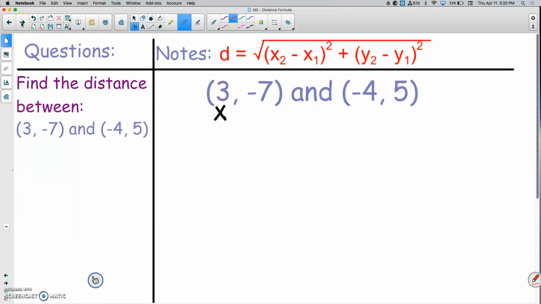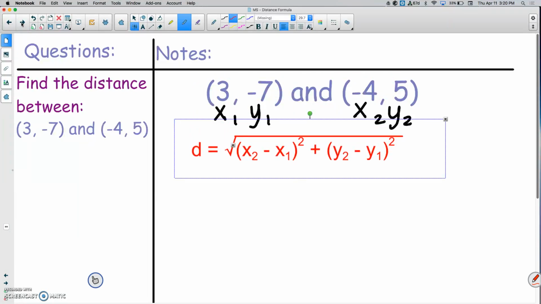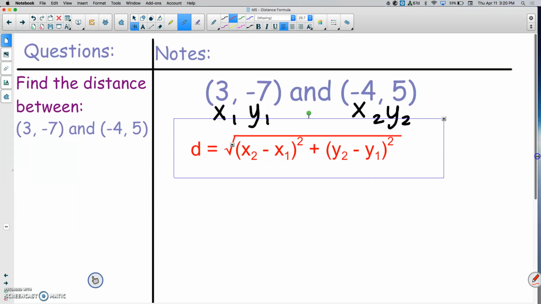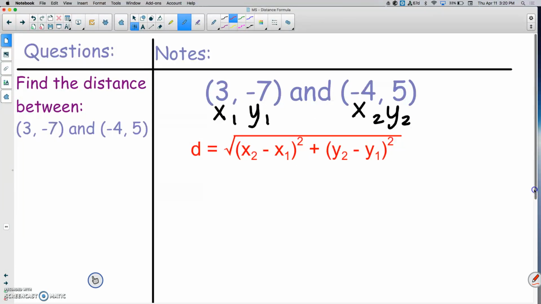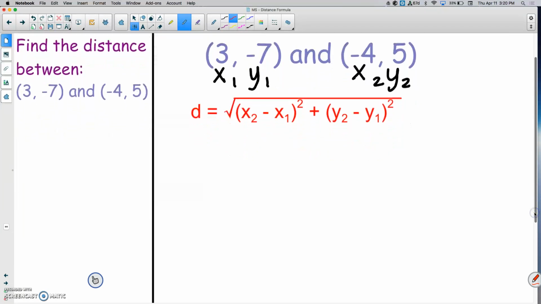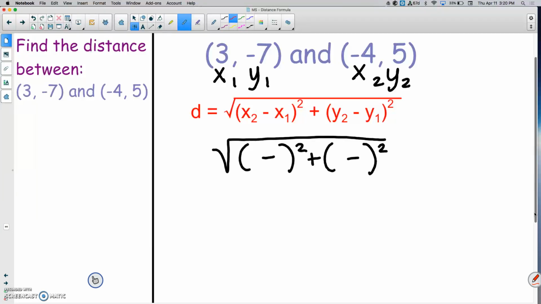Third one, hopefully you're getting the hang of it. x, y first ordered pair and x, y second ordered pair. Okay, so x2 this time, -4, minus x1, 3, and then y2 is 5, minus y1, -7.